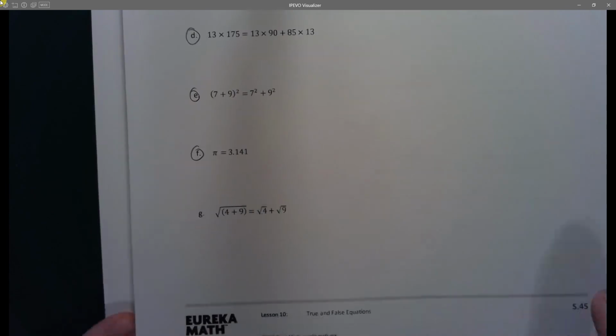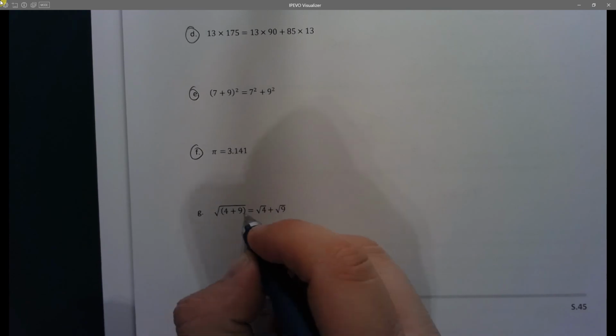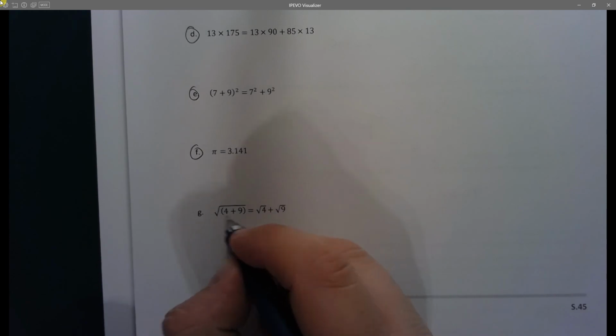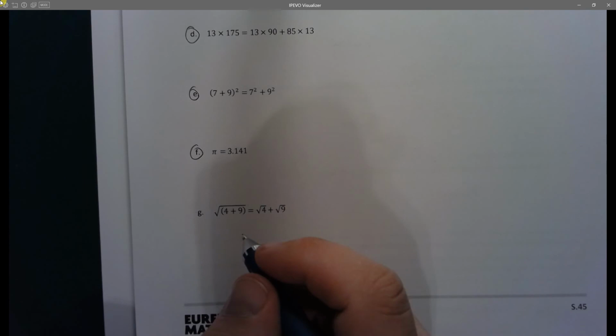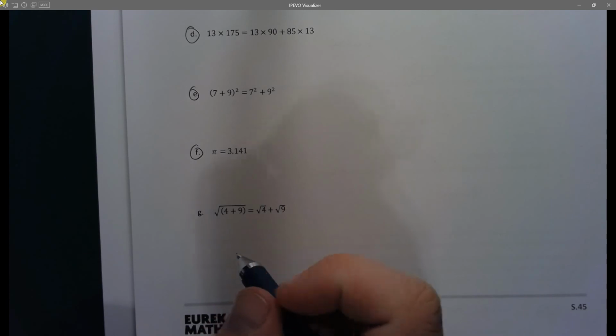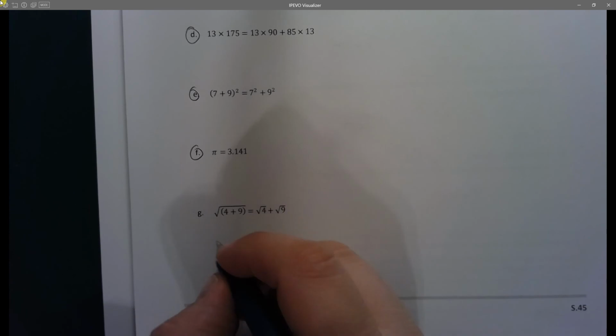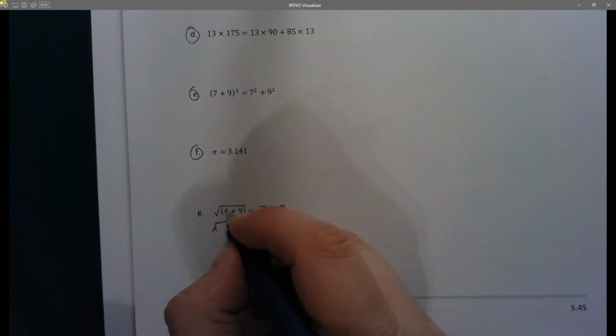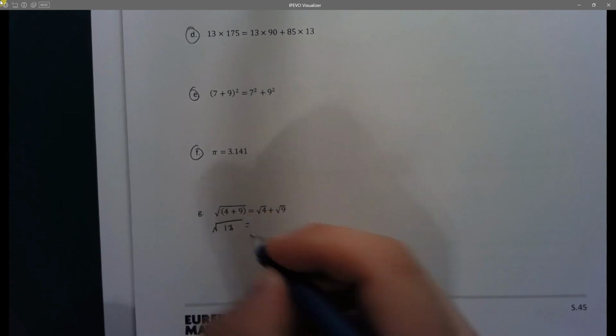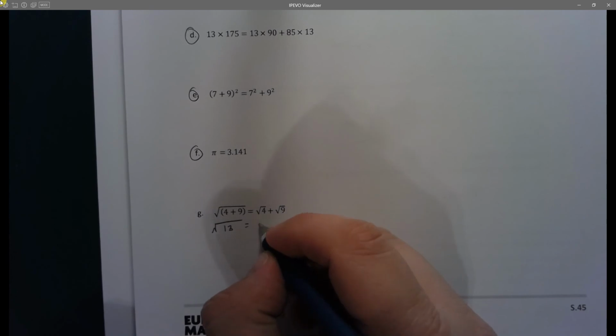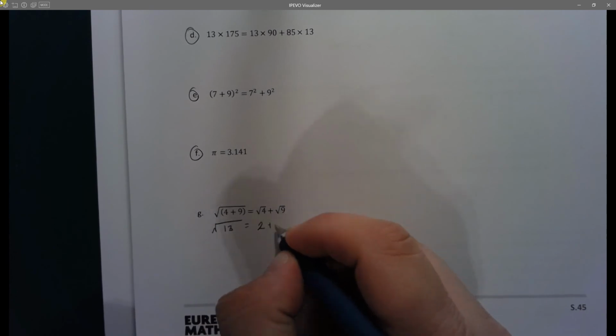All right, so G. This is a very interesting problem, because we're dealing with square roots. Whenever you have the square root of 4 plus 9, written like this, this is still going to have to follow PEMDAS. The parentheses have to be solved first. So this is the square root of 4 plus 9, which is 13, equals the square root of 4, which is 2, plus the square root of 9, which is 3.